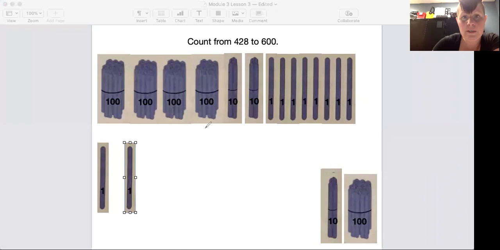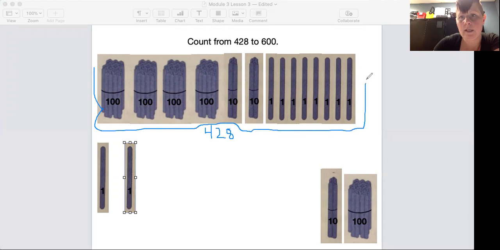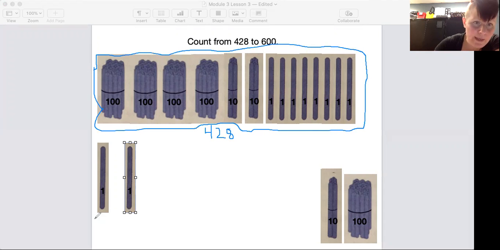So we started with 428. That is this whole box up here, all of this. Sorry about my drawing. I think I always apologize for that because I'm drawing with a mouse on a little notebook.